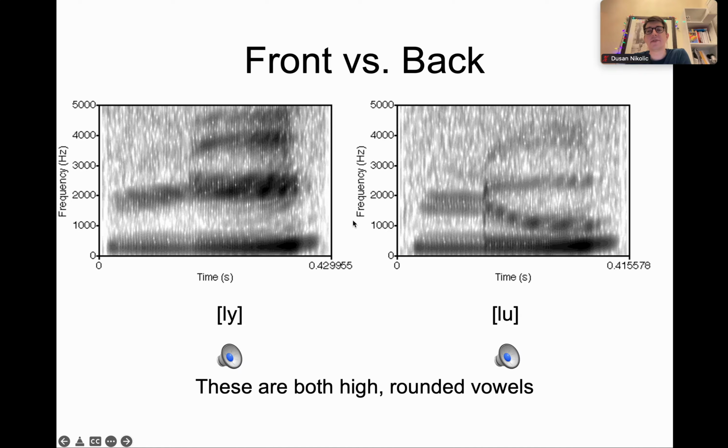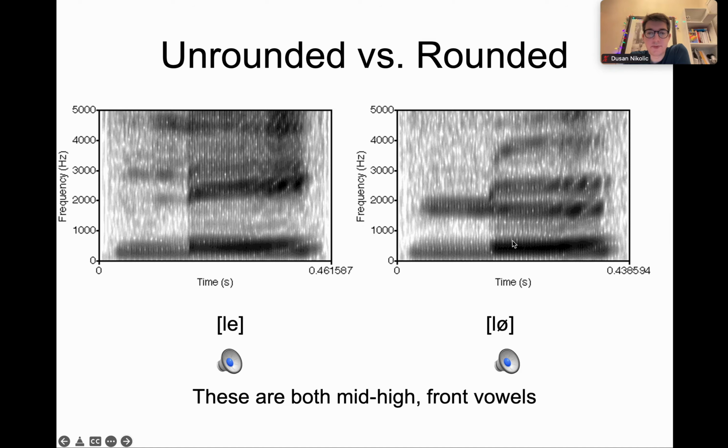So because they have this contrast between the high front rounded vowel and the high back rounded vowel, they will retain this contrast by producing a very noticeable, observable ooh, back, lu, and ooh to the back, right?